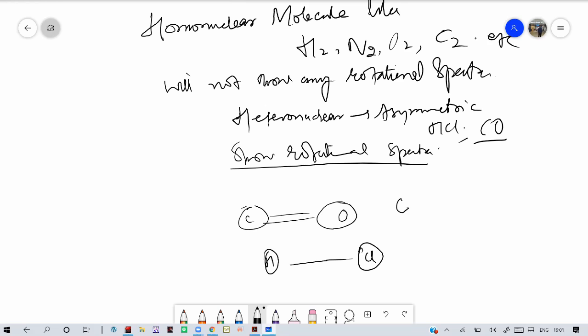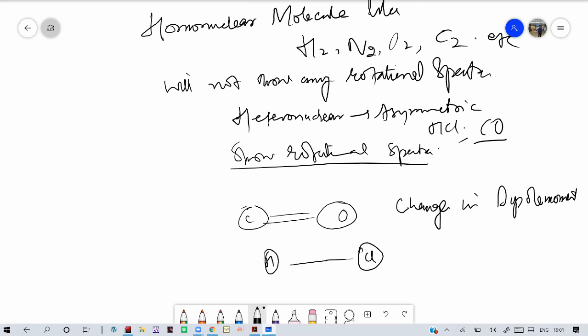There is an actual change in dipole moment. If initially a molecule has some dipole moment, of any value, when it rotates, this dipole moment will change. There will be a change because of the rotation of the molecule.